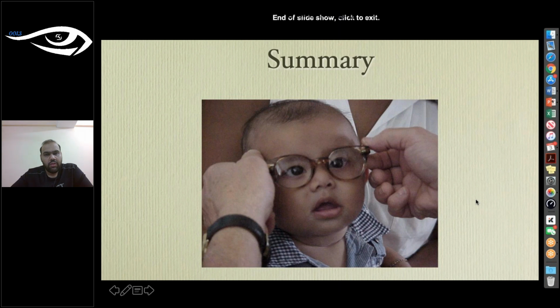And I actually think that what we're going to find out in the future is that whatever the neurology of autism is going to be related to the neurology of eye movements. And I think we're going to learn a lot about that relationship down the line.